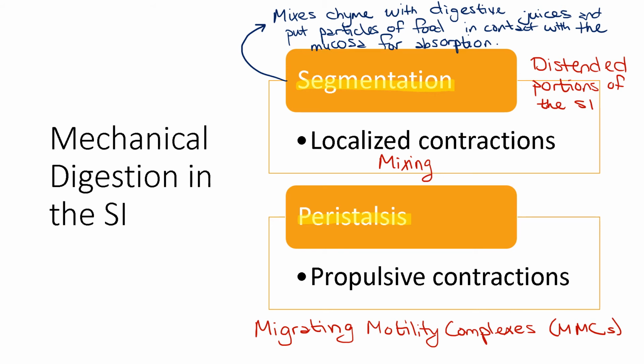Now, after most of the meal has been absorbed, which is going to lessen the distension of the wall of the small intestine, this is when segmentation stops and peristalsis begins.